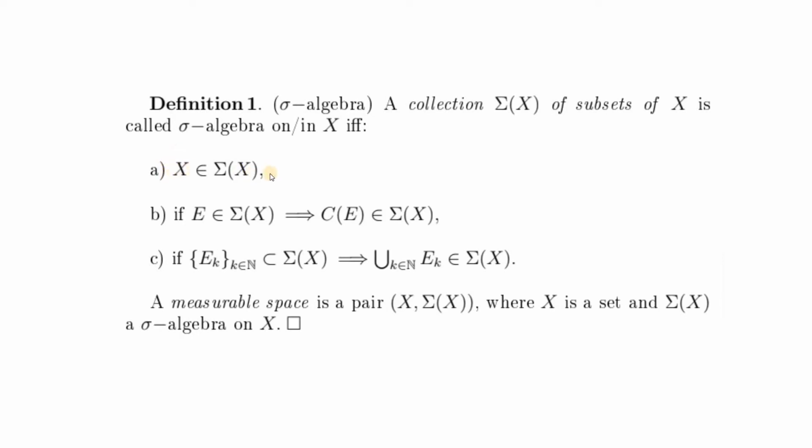X is in sigma X. If E is in sigma X, then the complement is also in sigma X, and if you have a countable succession of elements, then the union is also in sigma X. A space with such a collection is called a measurable space.